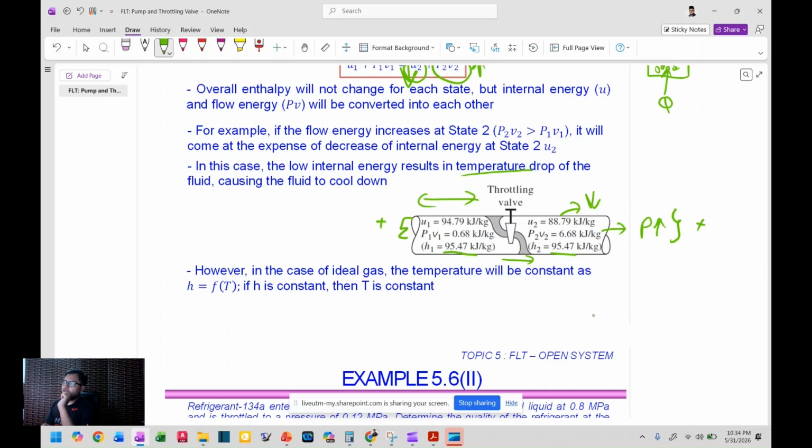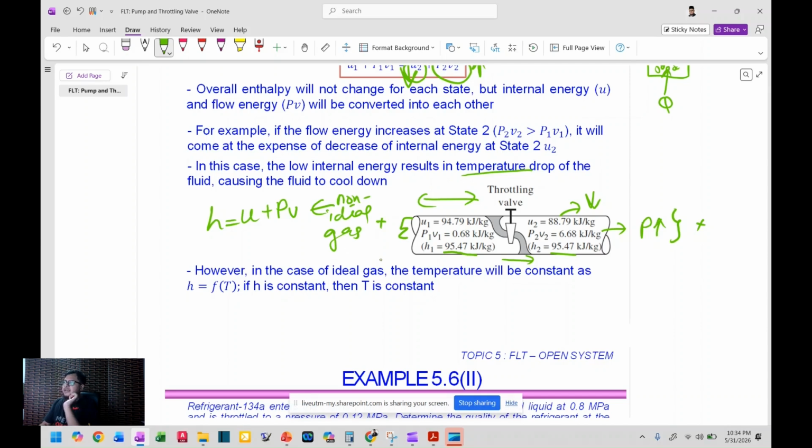But in the case of ideal gas, the fluid temperature will be constant. Just now we talked about H equals internal energy plus the flow energy. This one is for non-ideal gas: water, liquid refrigerant, and so on.